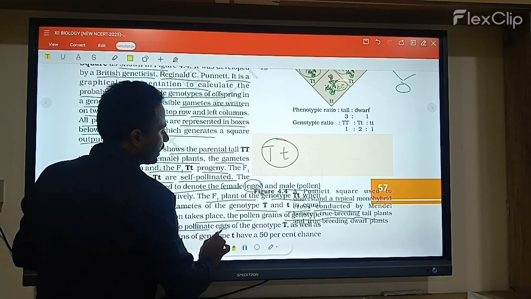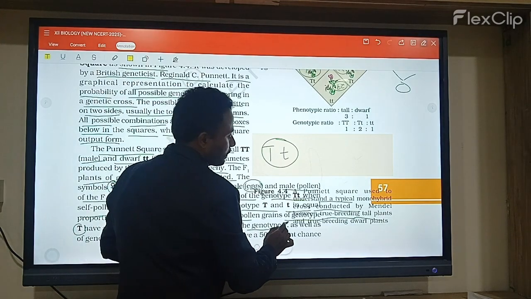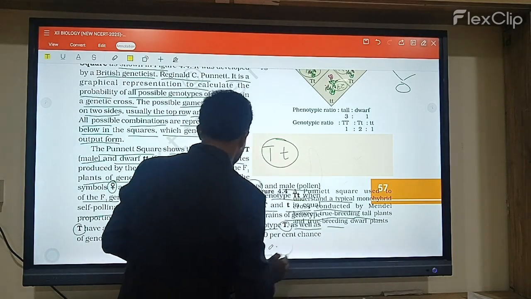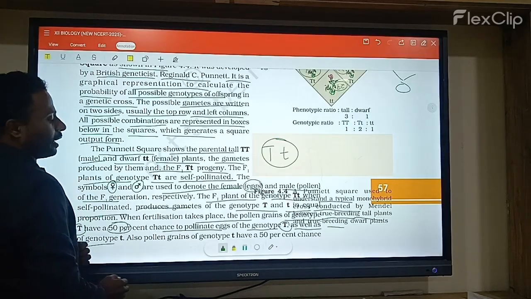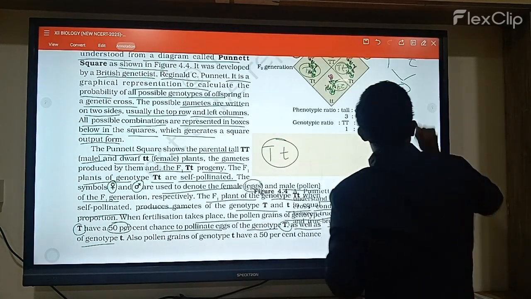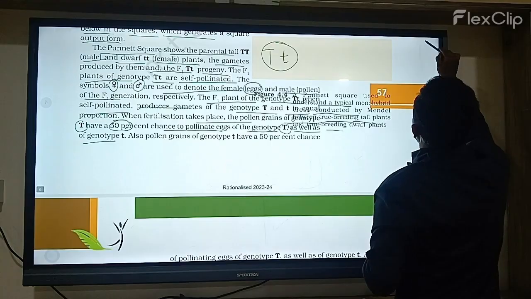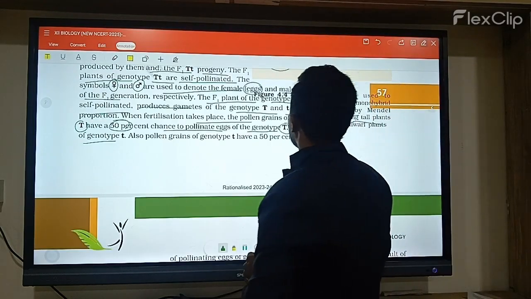And the pollinated eggs have the genotype capital T or small t, also at 50%. So 50% carry the dominant character capital T and 50% carry small t.